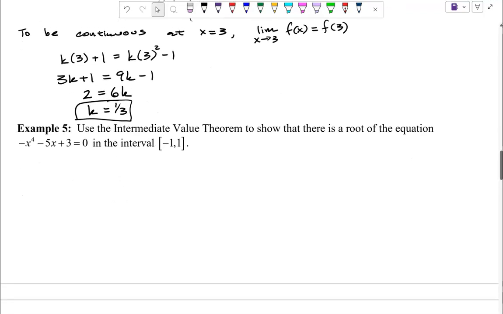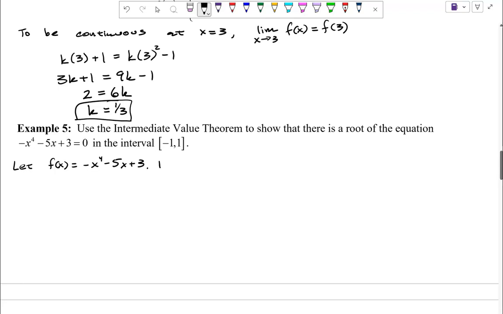Example 5, use the intermediate value theorem to show that there is a root of the equation -x to the 4th minus 5x plus 3 equals 0 in the interval -1 to 1. So let's first give this a name. Let f of x equal -x to the 4th minus 5x plus 3.